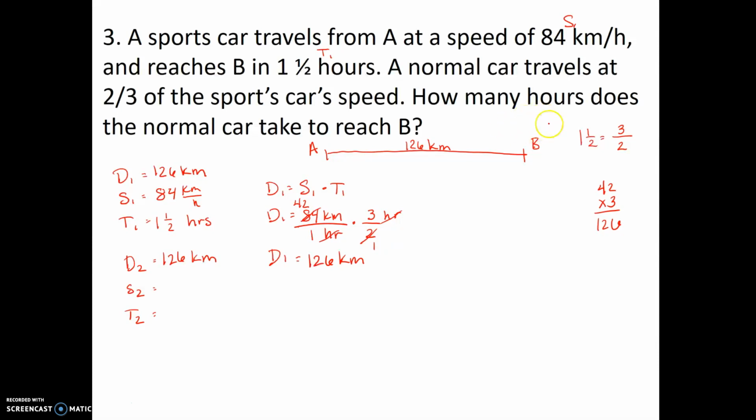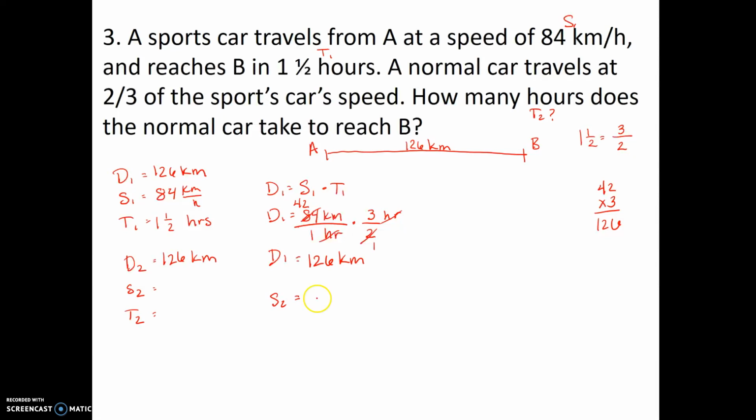Now, my question is, how many hours does the normal car take to reach B? And the speed that it gives me in my word problem, where it says a normal car travels at 2/3 of the sports car's speed, we're going to have to figure out what that is, aren't we? So let's find speed 2, because we can't figure out time 2 until we figure out speed 2.